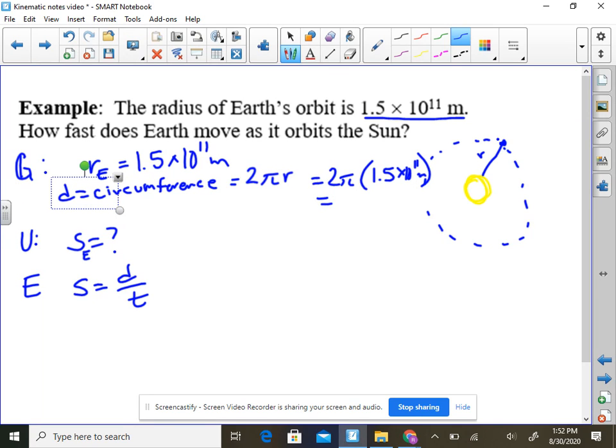And this is 9.4 times 10 to the 11th. Okay, and so that's the distance.